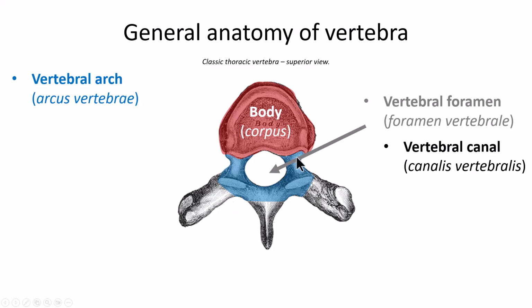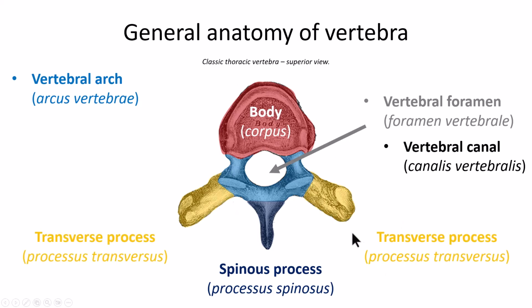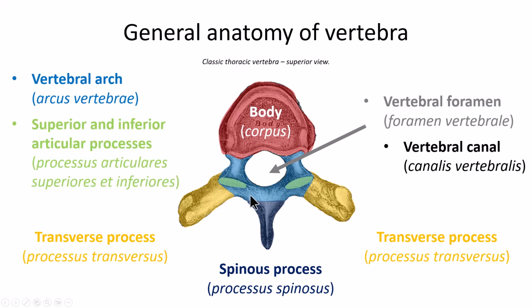Processes arise from the vertebral arch. The one directed most posteriorly is the unpaired spinous process, processus spinosus, followed by the paired transverse processes, processus transversi, as well as the paired superior and inferior articular processes, processus articulares superiores et inferiores.